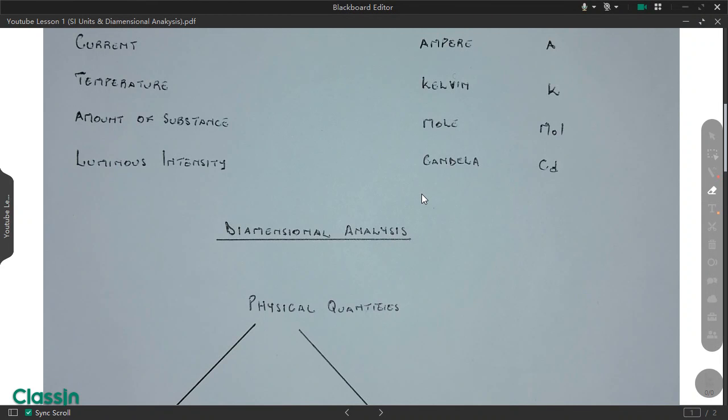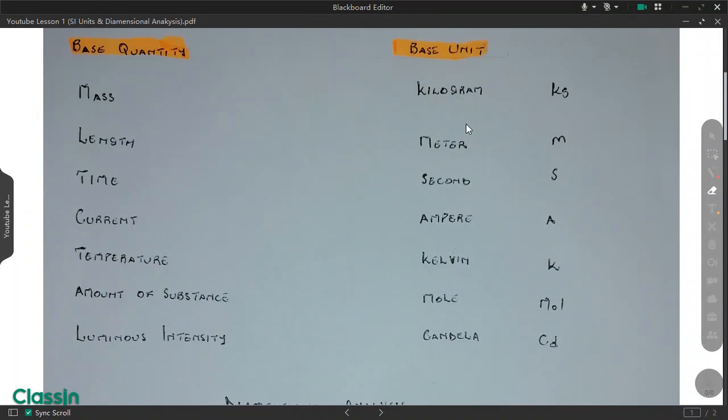But if you can't find an equation or mathematical model that governs that natural phenomenon, you're going to break the variables down into small base quantities, which is the MLT. The MLT is the mass, the length, and the time, the base quantities.